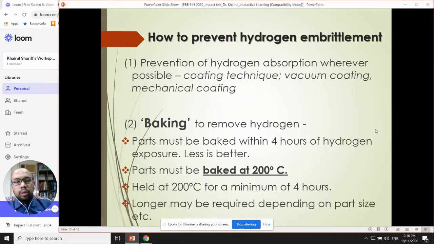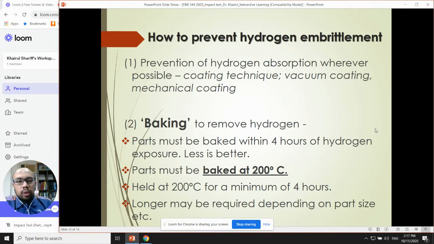Okay, how to prevent hydrogen embrittlement? Number one, you can use something similar to what you will learn later in the corrosion part. The most major factor that causes corrosion is hydrogen sources. So in order to prevent hydrogen embrittlement, number one, we can use mechanical coating or coating techniques.